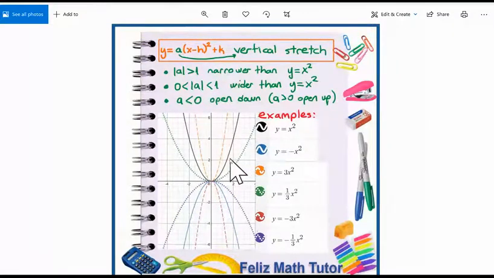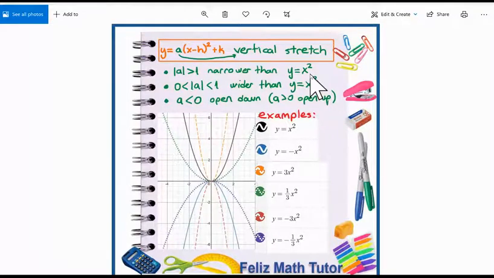Yes, it is wider. And the fifth function has a equal to -3. Its absolute value is bigger than 1, so it comes here in the first option. My function will be narrower than y equals x squared.